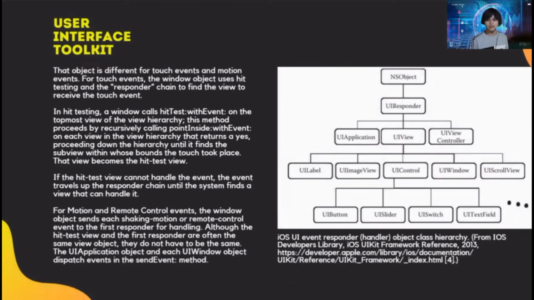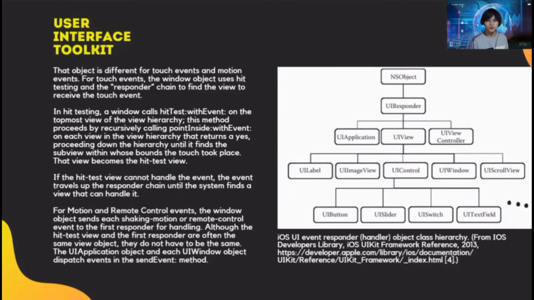That object is different for touch events and motion events. For touch events, the window object uses hit testing and the responder chain to find the view to receive the touch event. In hit testing, a window calls hitTest with event on the topmost view of the view hierarchy.